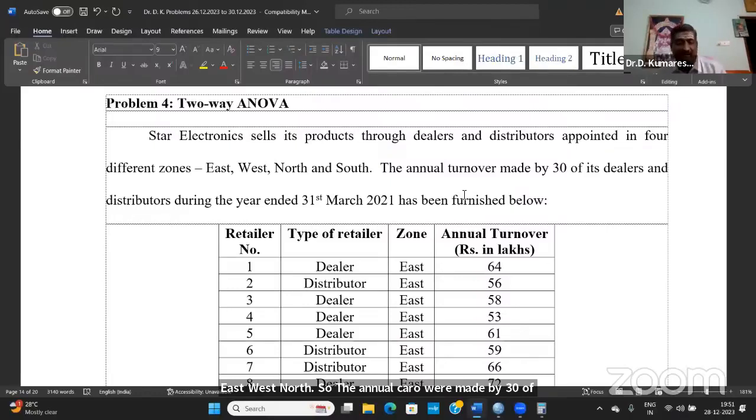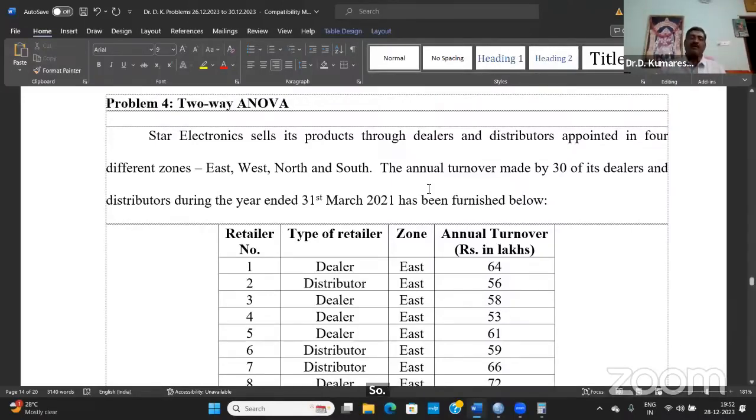So the type of retailer, there are two types of retailers. One is dealers and the other is distributors. There are 4 zones: east, west, north, and south.